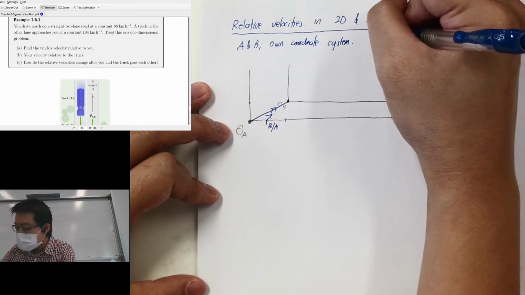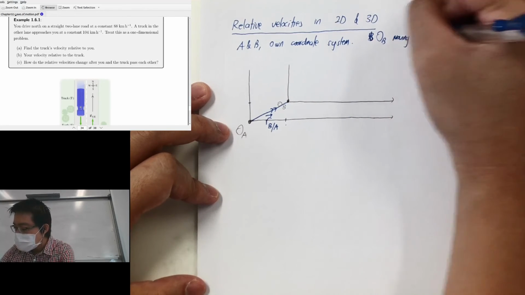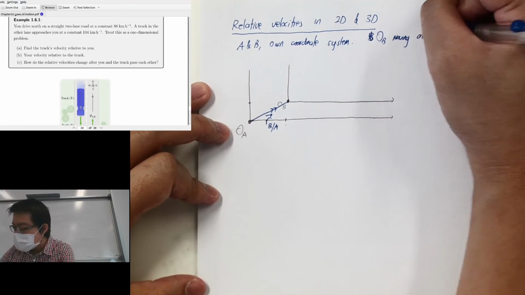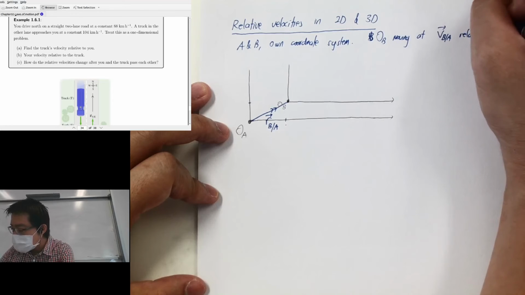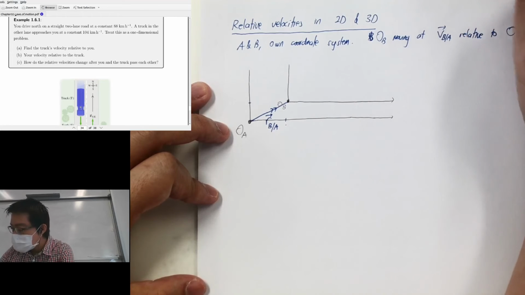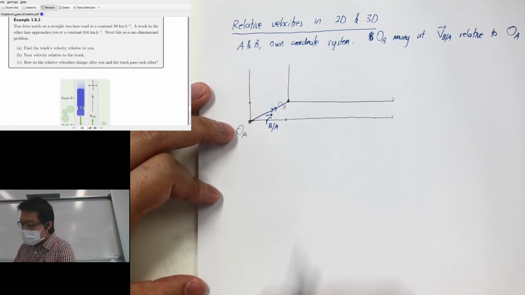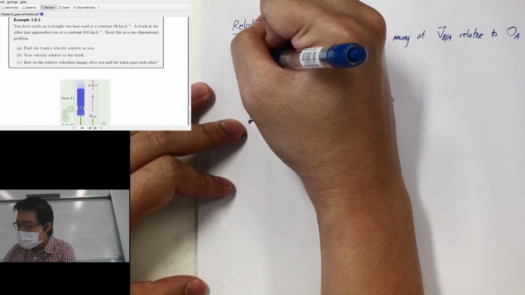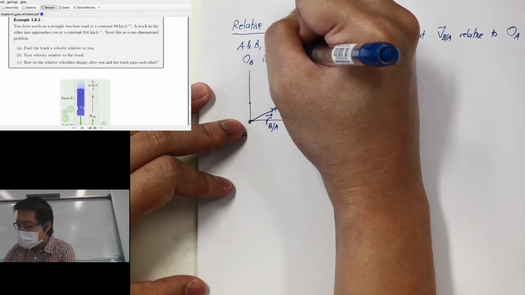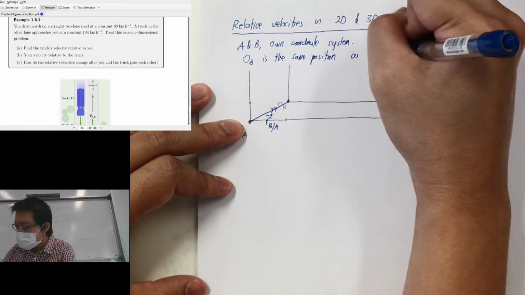The origin of B is moving at the velocity of B observed by A, relative to the origin of A. At time 0, we assume they are in the same place, so OB is the same place as OA.